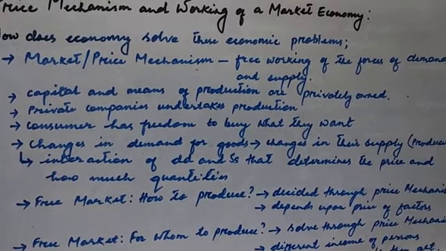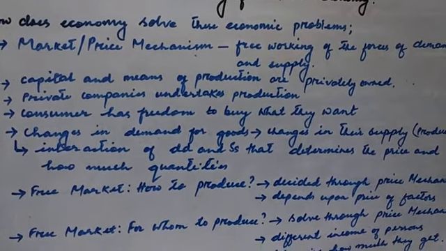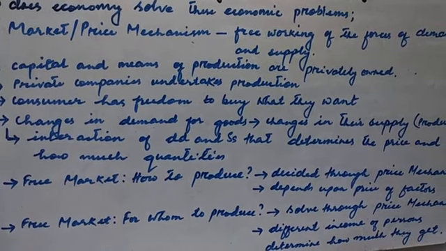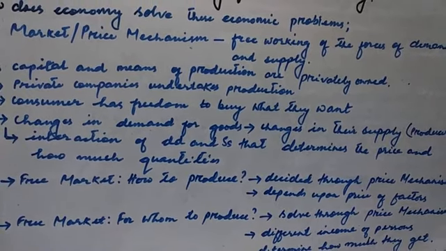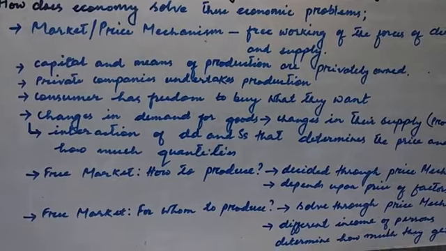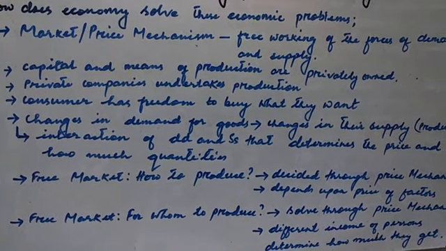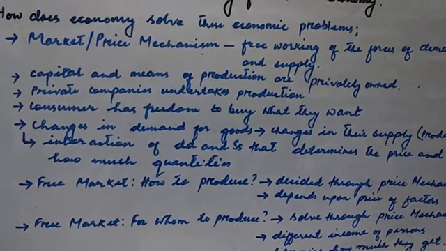It is the interaction between the demand and supply for goods and services that will determine their prices and how much quantities of them will be produced. So the first problem, what goods to produce and in what quantities, is solved by the interaction of demand for and supply of goods and services.